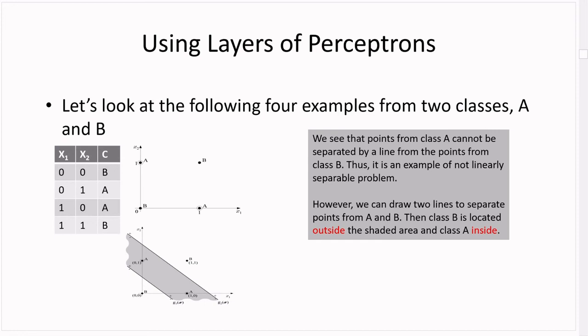While looking at the data, we can also realize that we can draw 2 lines such that points from A and B are separated in a way where the points from class B lie outside these 2 lines and points from class A lie within these 2 lines.